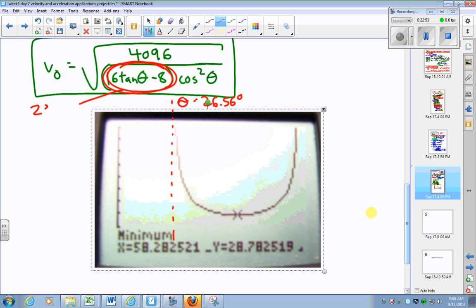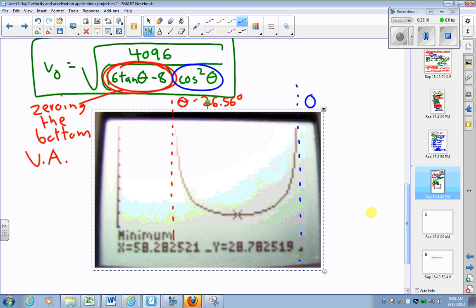That's zeroing the bottom, which creates a vertical asymptote, okay? And can we zero the bottom again over there? The whole issue is, at 90 degrees, it doesn't make sense either, because you could have it as fast as you possibly want, but at 90 degrees, it's going to shoot it straight up. So at 89.99 degrees, it could work.